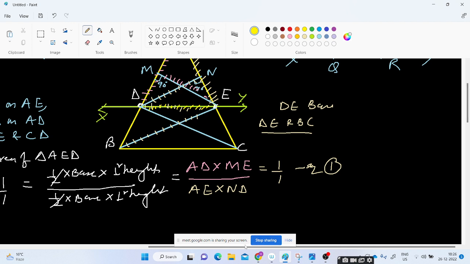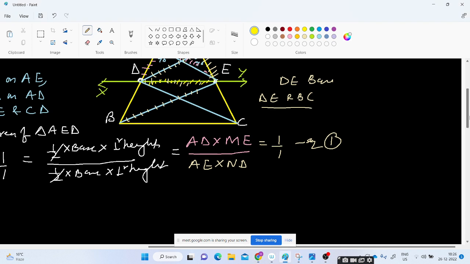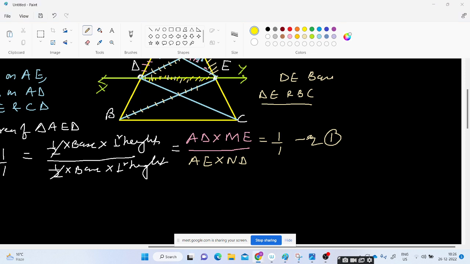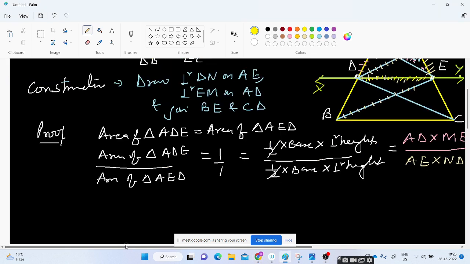So we will write here: area of triangle DEB is equal to area of triangle DEC.